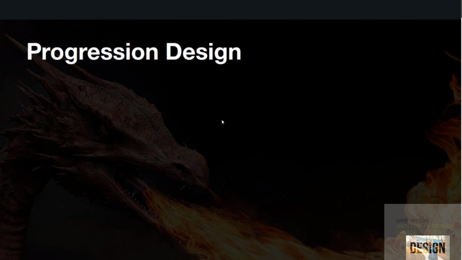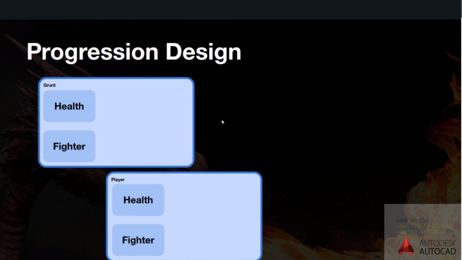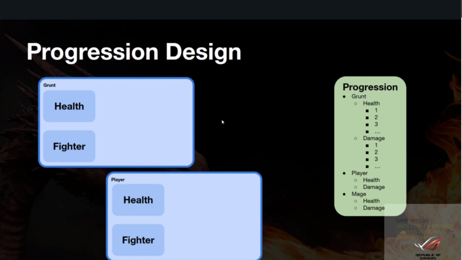So that's the idea. We've got our grunts and our player prefabs, which have got health and fighter components on them, which might want to know about certain stats, like what is my health, what is the damage that I do as a fighter. And that should be defined by the progression, which is going to be basically this big spreadsheet, this big scriptable object asset in Unity that is divided up like so.